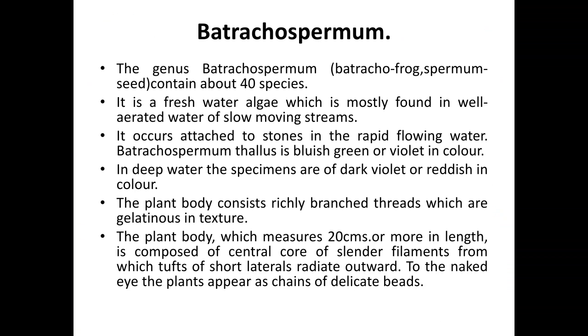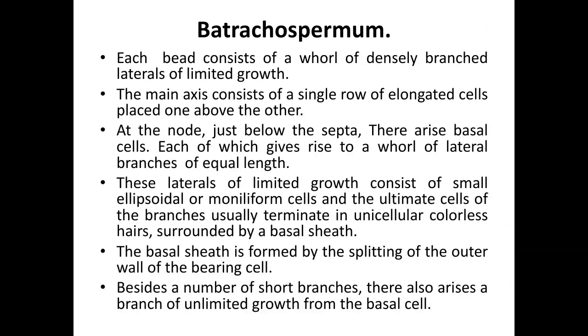To the naked eye, the plants appear as chains of delicate beads. Each bead consists of a whorl of densely branched laterals of limited growth. The main axis consists of a single row of elongated cells placed one above the other.